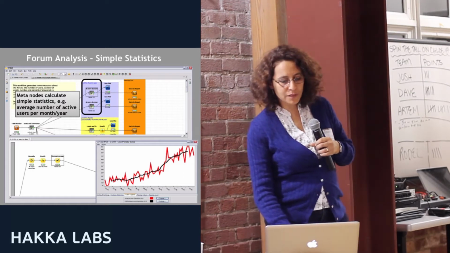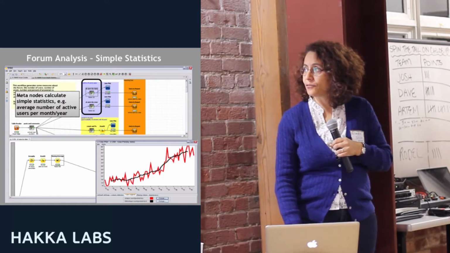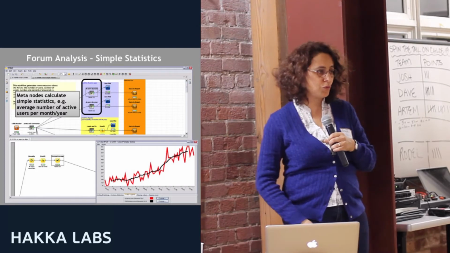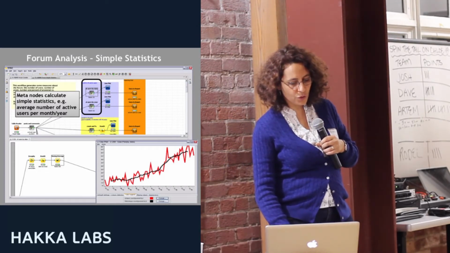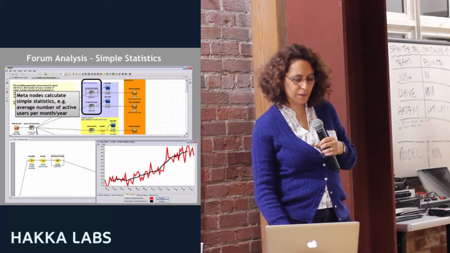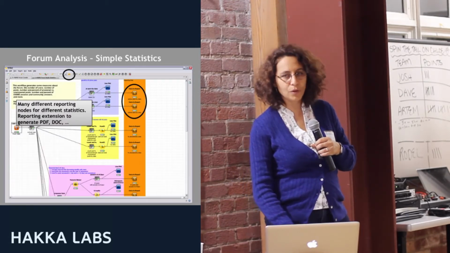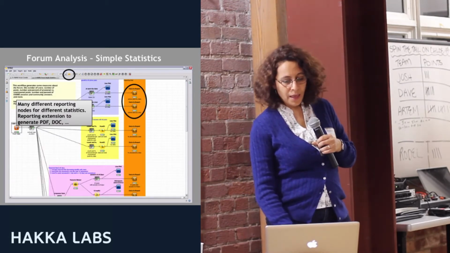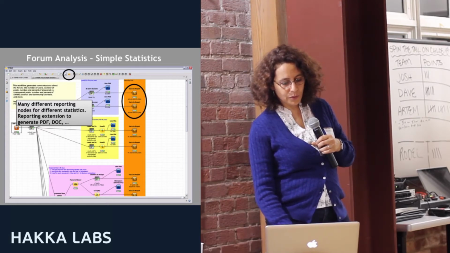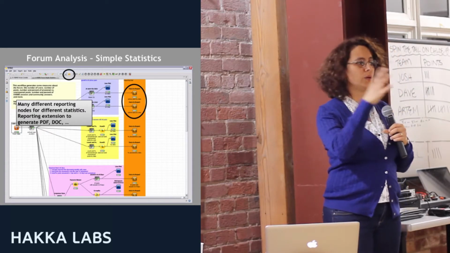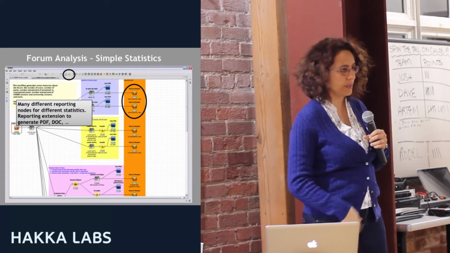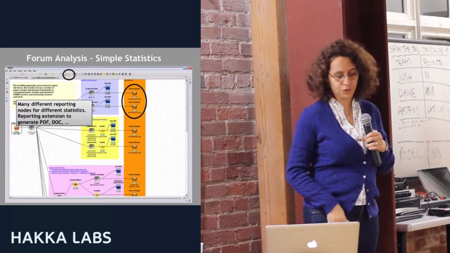And these meta nodes are the ones that calculate, for example, these two, the number of users by date and by year. Those are visualization nodes. They plot, in this case, only the line plot of the data. And those are reporting nodes. So eventually I packaged everything into a single report to send then to the manager, to the CEO of the company.